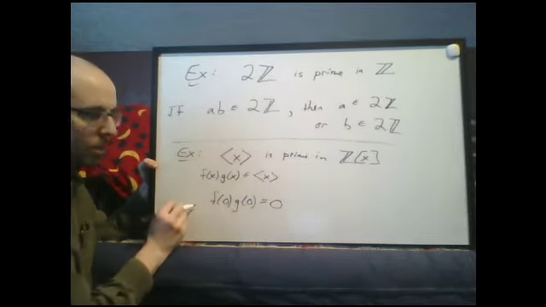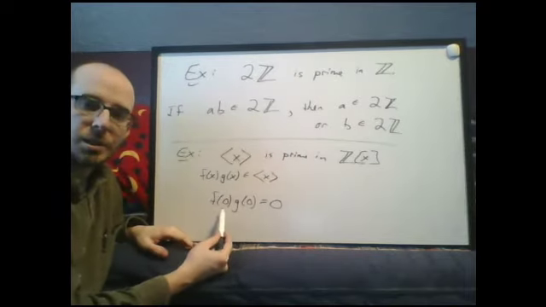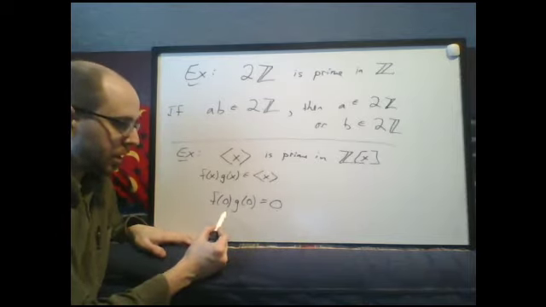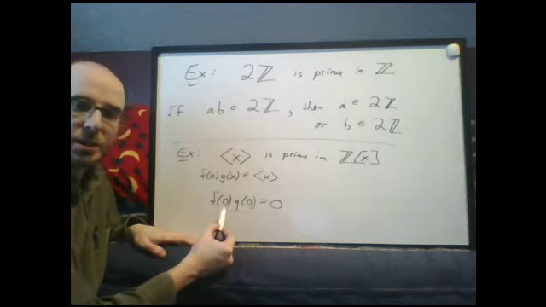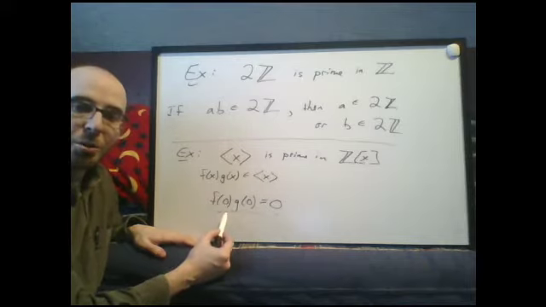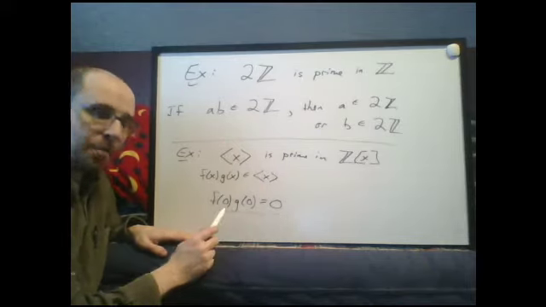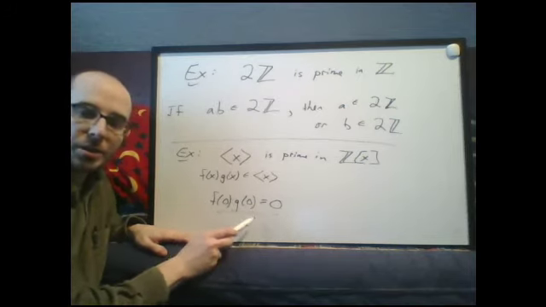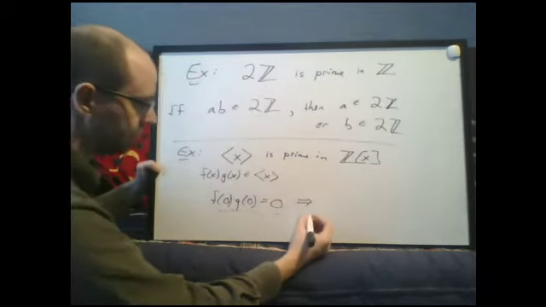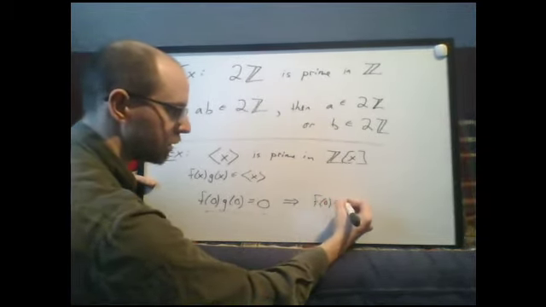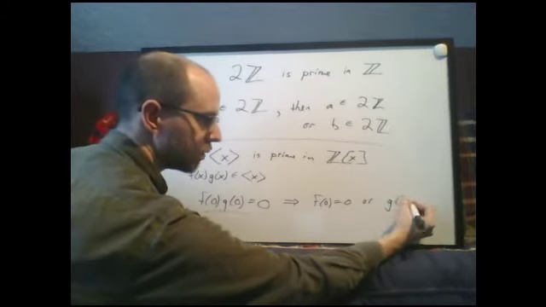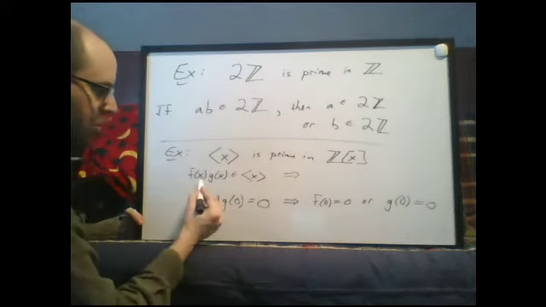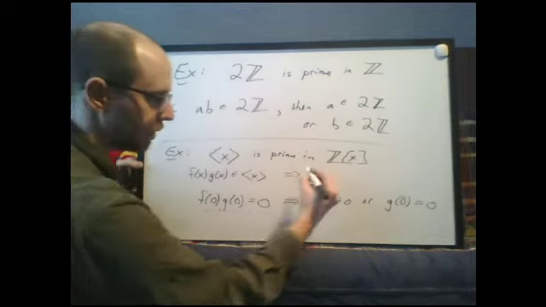These are equivalent statements. This is just an integer equation here. Both sides are integers, and integers are an integral domain, so 0 cannot be factored without one of the factors already being 0. If a product equals 0, one of the factors is 0. So this implies that f(0) equals 0 or g(0) equals 0. But that's equivalent to saying that one of these is already an element of the ideal.